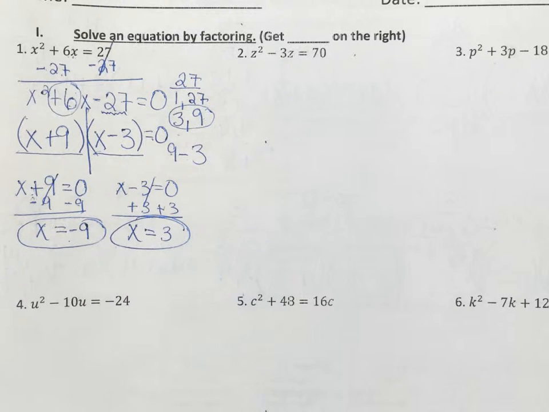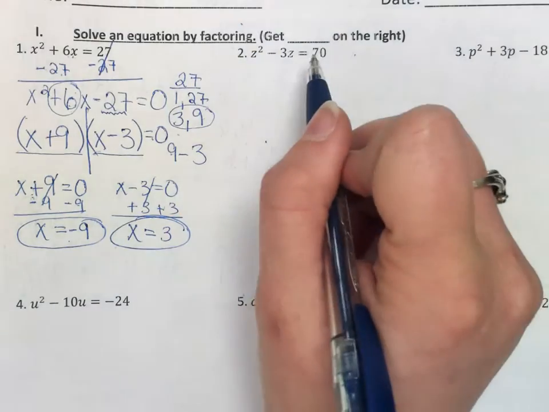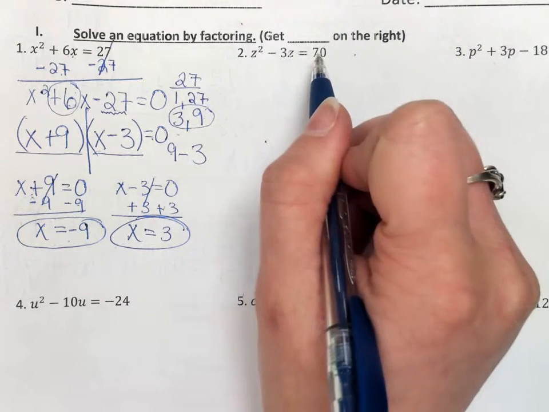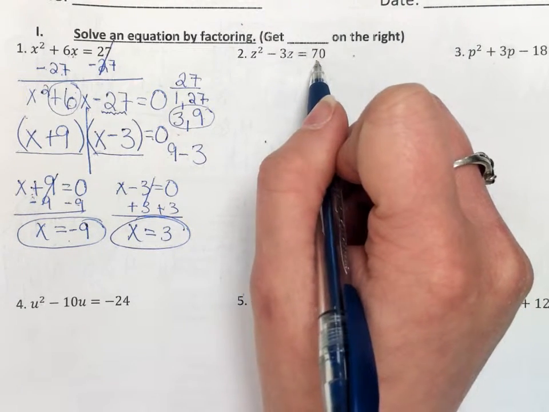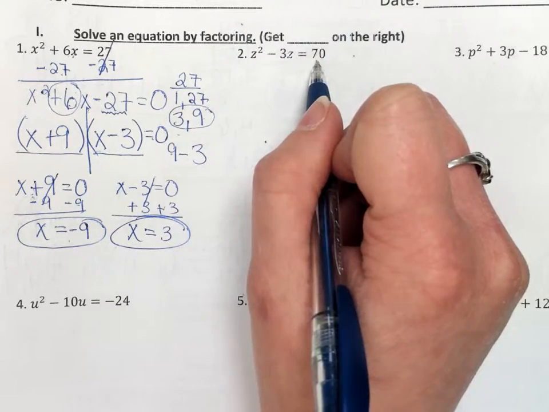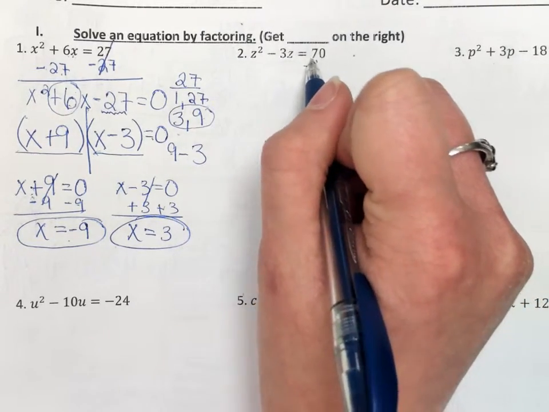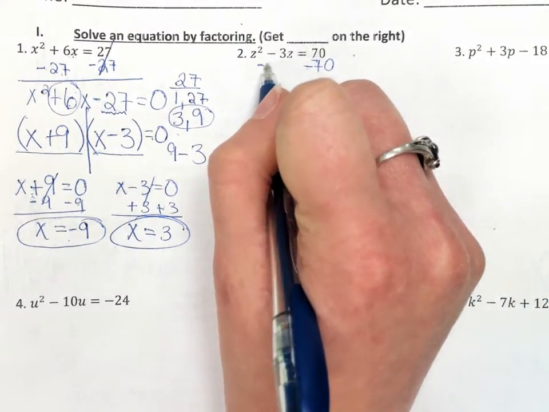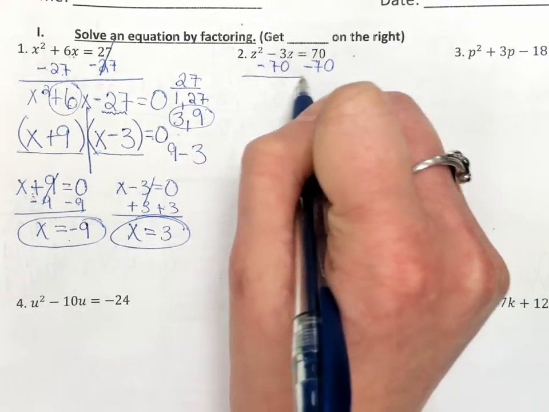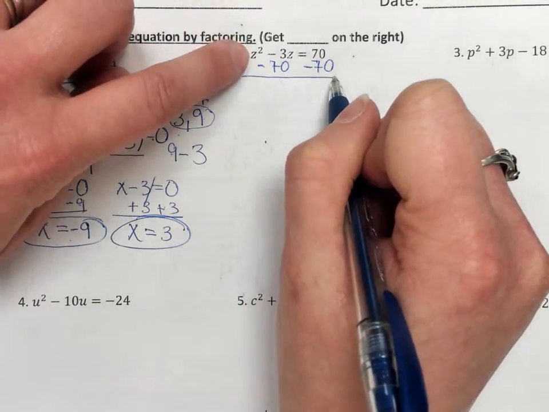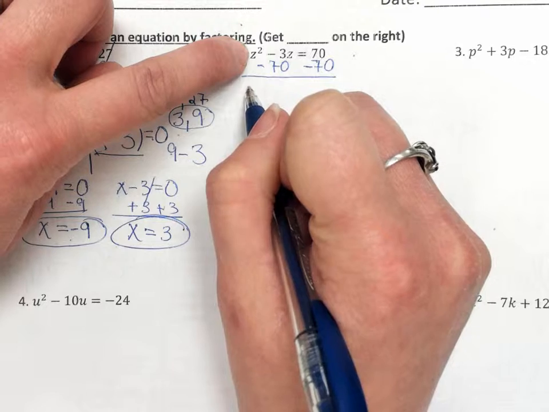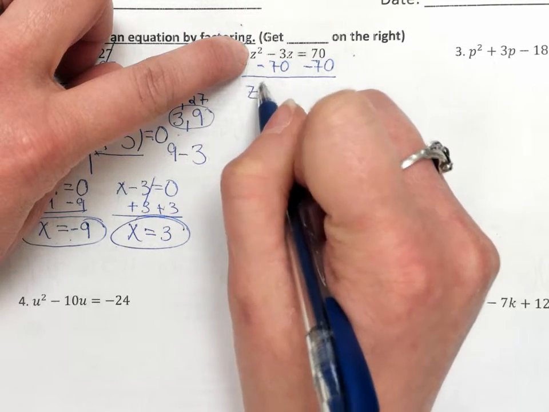You ready? Okay. What number is it supposed to equal? 0. If you have $70, how do you make that be 0? Subtract. Subtract it, right? You got to give all your money away. All right, which one do I write first? z squared.